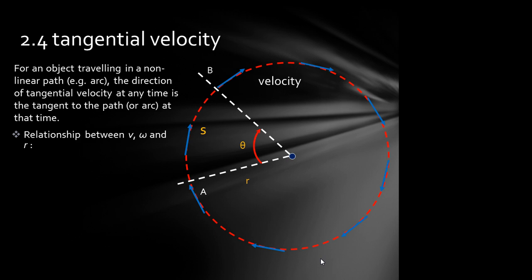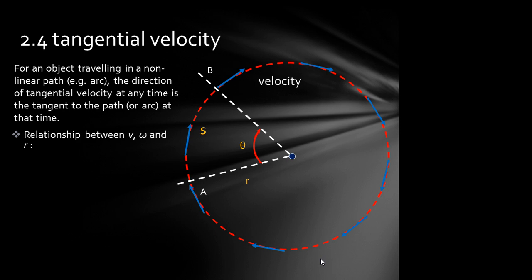But what if I want to refer to the velocity of the object at one particular time? The name for that is tangential velocity, because I'm taking the tangent to the circle. The tangent at any one time gives you the direction of the motion, the instant in which it moves toward the next part of the circle. So if you know the speed of the object and the direction of the tangent, we can tell the velocity at that time.